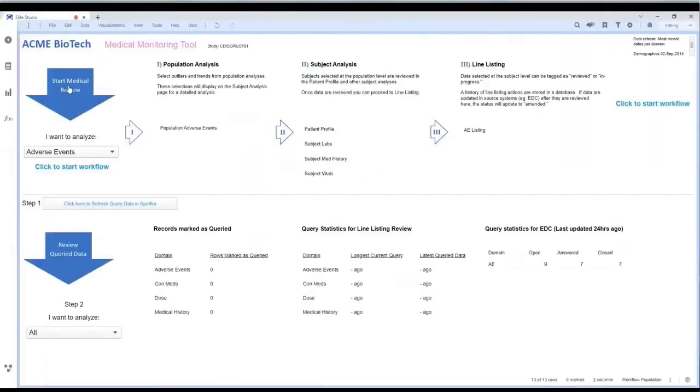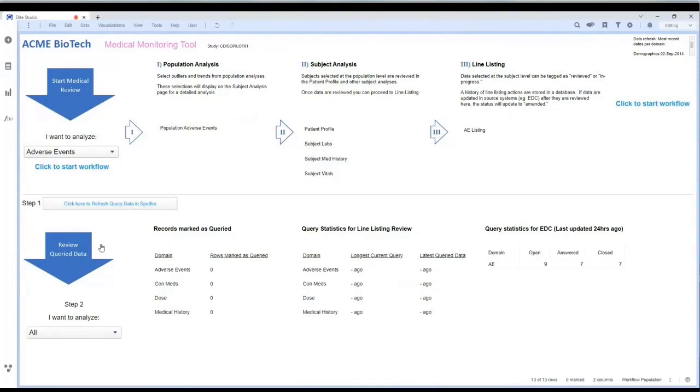So what we're looking at here is the cover page of a build that has this flow chart in the top panel, a workflow established for medical review of safety of a subject particularly.